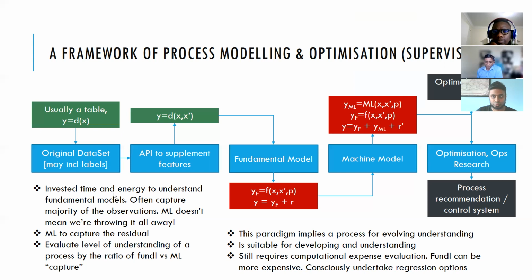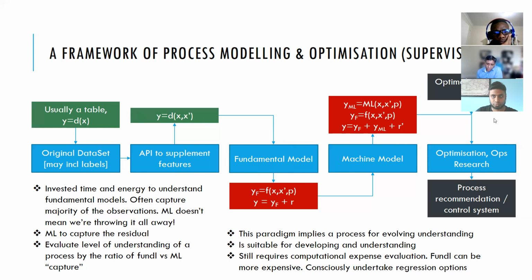Okay, so just to see if I've covered all the points here. So we've said this. So when we're not just throwing away our understanding, this is how we can integrate fundamental models and machine learning to capture the residual. And what this almost implies to us is a way to improve our understanding of the process.